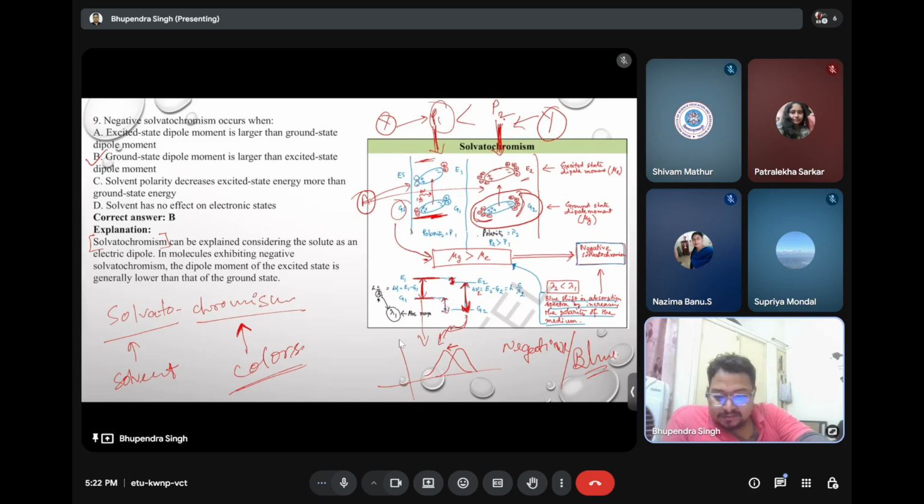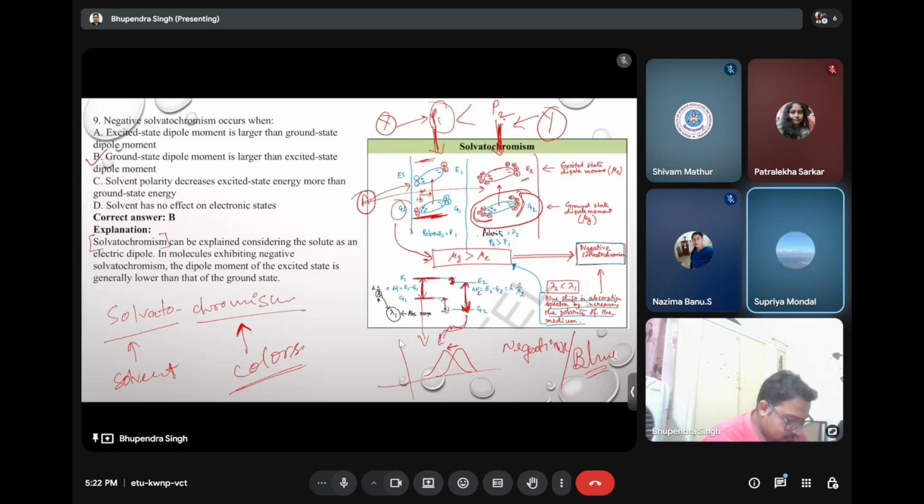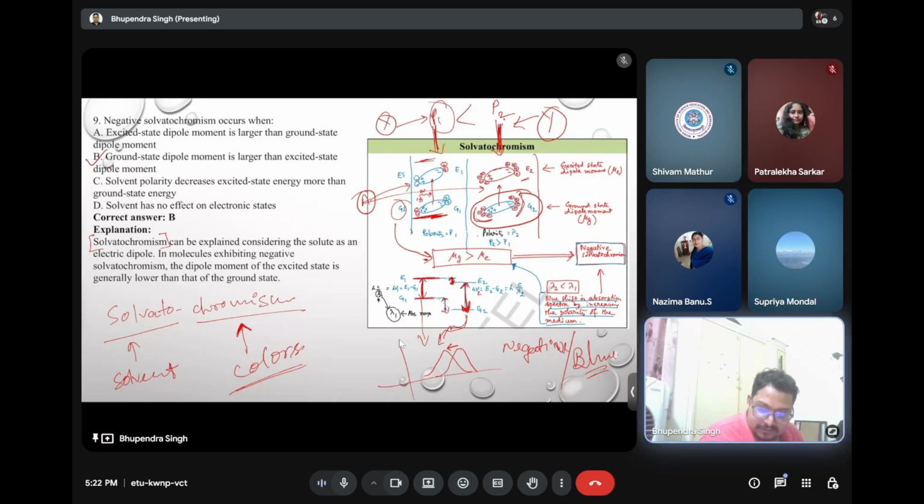What if you have not? Just tell me. Okay, and tell me what is positive solvatochromism? What will be the conditions? Just this much only. Yes, it will be red shifted.